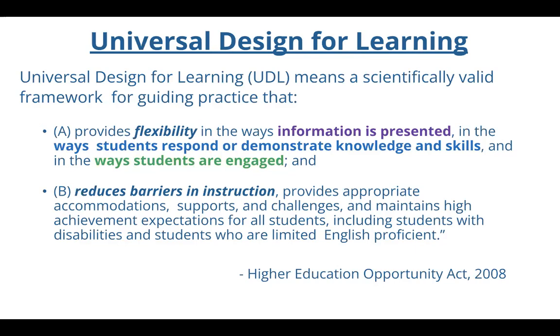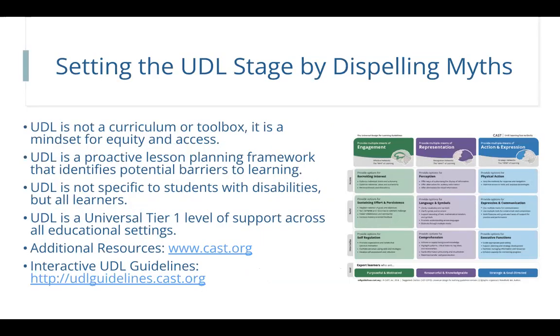Okay, and we're talking about all students, students who struggle, students who come to the class with high anxiety, our English language learners, etc. And that's that variability that we're going to start with. We talked a little bit last time about universal design for learning not being a curriculum or a toolbox, but a mindset, a framework, which is why we're spending this entire presentation on understanding the framework so that you can create a context when you're doing your lesson planning and instructional delivery.